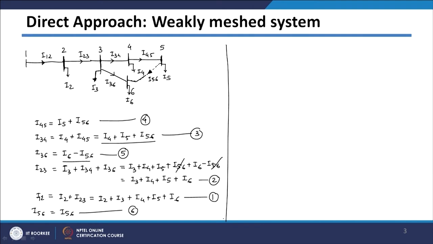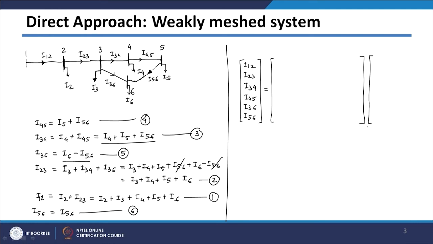If you write these equations in matrix form, on the left hand side you will have all the branch currents: from equation number 1 we have I12, equation number 2 I23, equation number 3 I34, equation 4 I45, equation 5 I36, and equation number 6 I56, which is equal to some matrix multiplied by the currents involved here, basically I2, I3, I4, I5, I6, and one more current, I56.